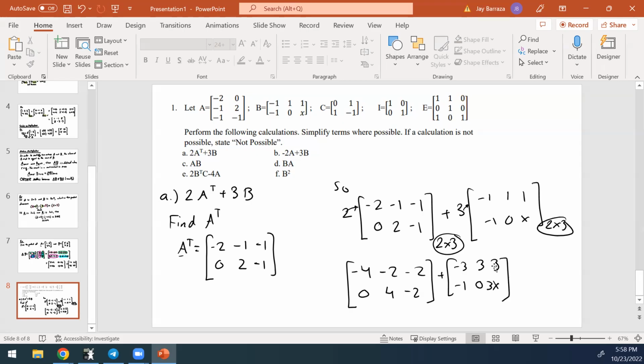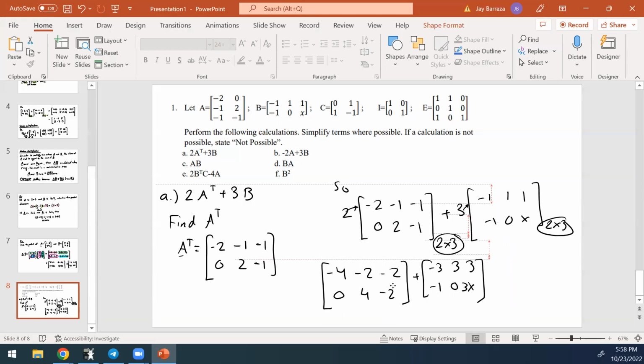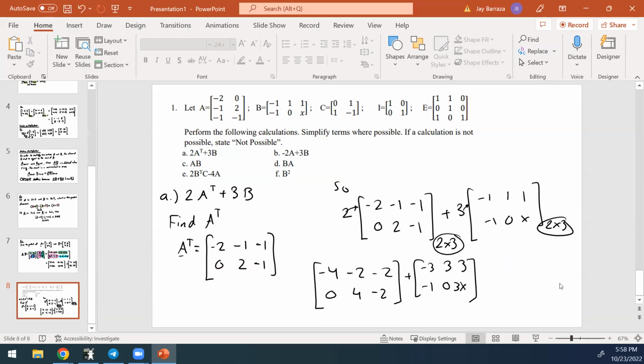And then from there, I would combine them together. And this would be equal to -7, 1, 1, -1, 4, and then 3x minus 2. And that's my answer, right? Are there any questions on that one?